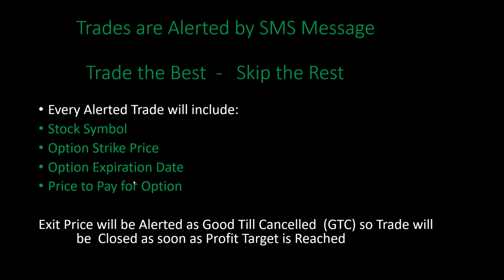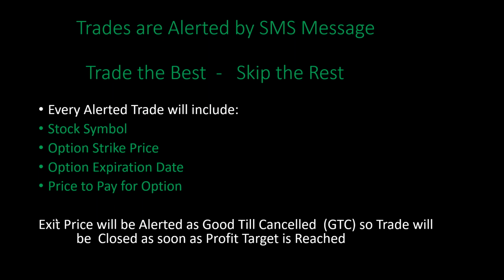You want that trade working when the market opens, because a lot of times you'll get a gap up in your favor or a gap down in your favor, and the trade will be closed. If you didn't put good till canceled on there and you had to go in the next day and put the trade on again, you may miss it. So that's why we do that.